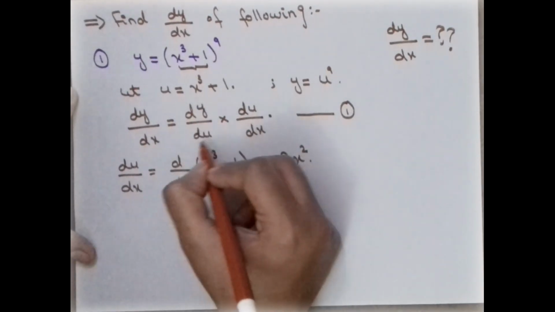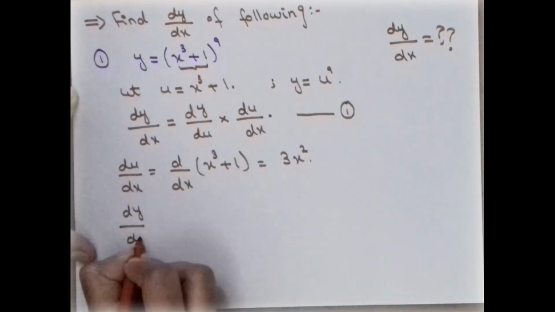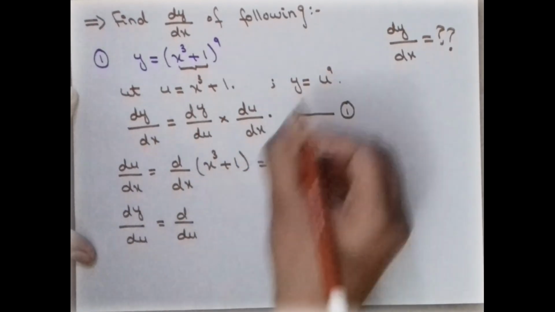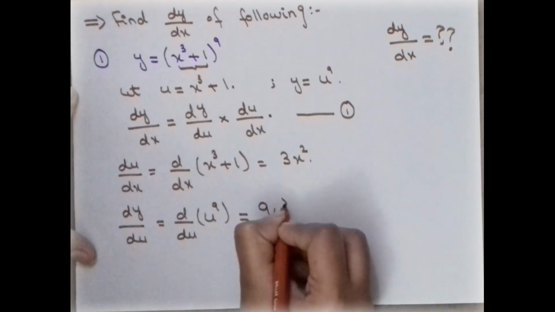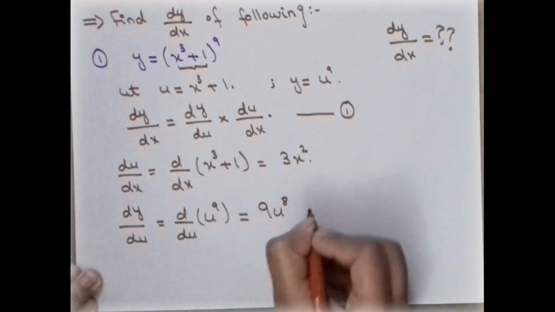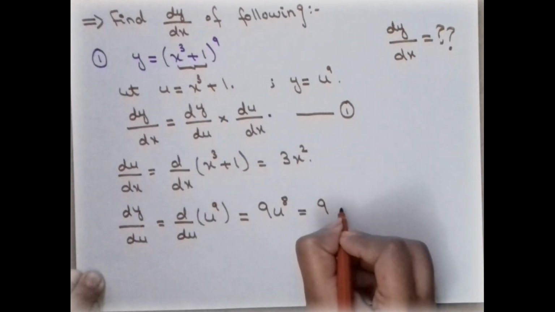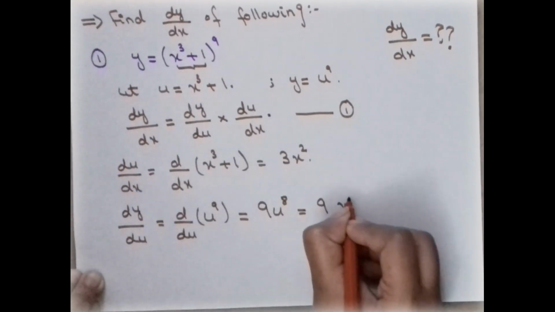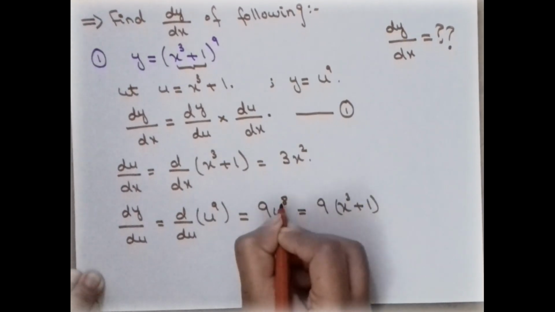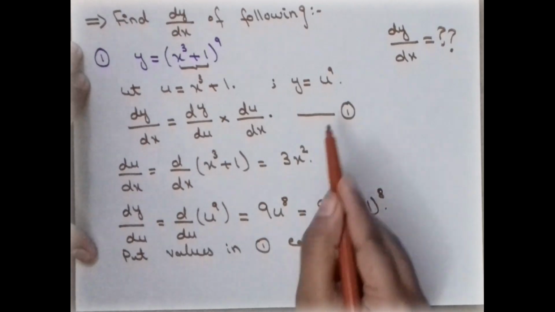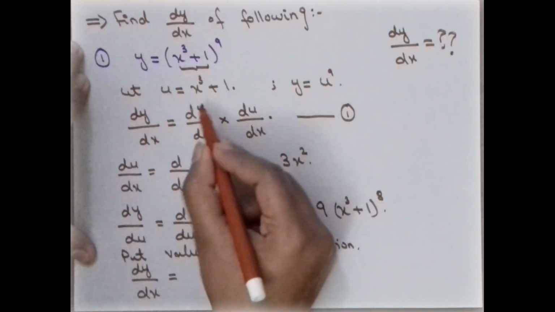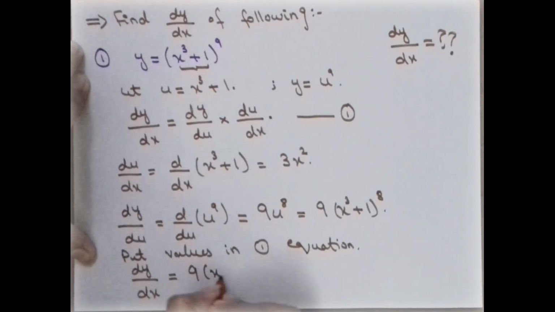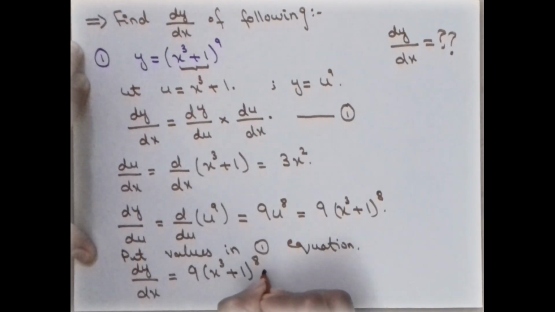Now the second factor: taking the derivative with respect to u of u to the power 9, by the power rule, gives 9u to the power 8. Putting back u equals x cube plus 1, we get 9 times (x cube plus 1) to the power 8. Putting the values in the first equation, dy over dx equals 9(x cube plus 1) to the power 8 multiplied by 3x square.